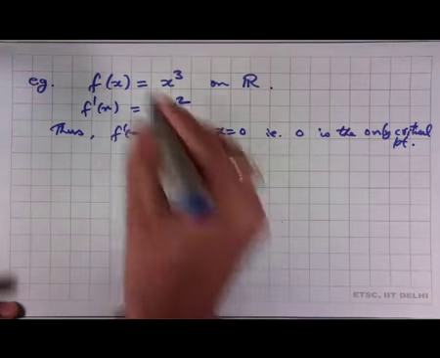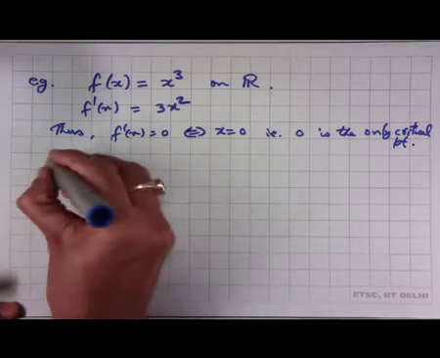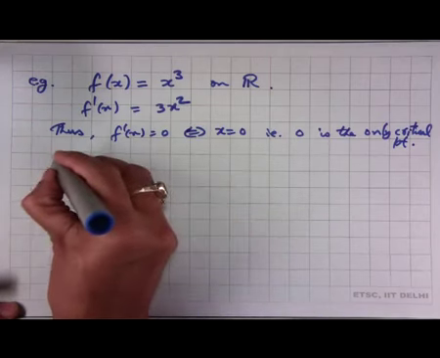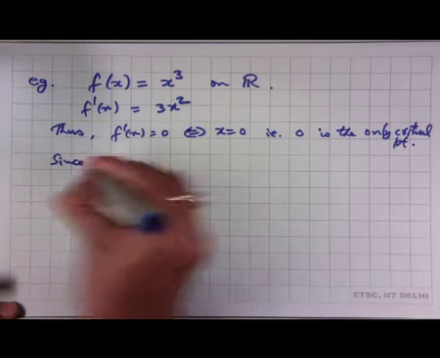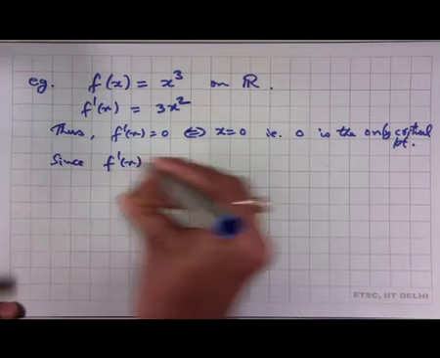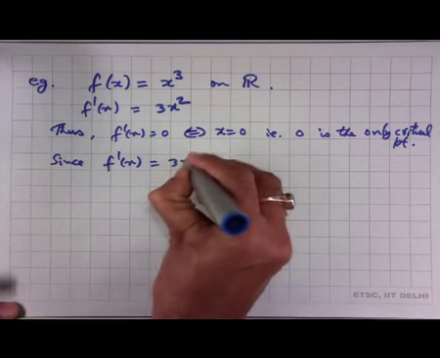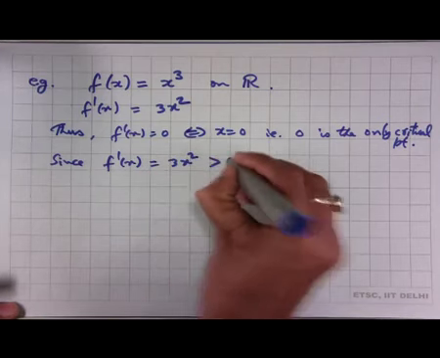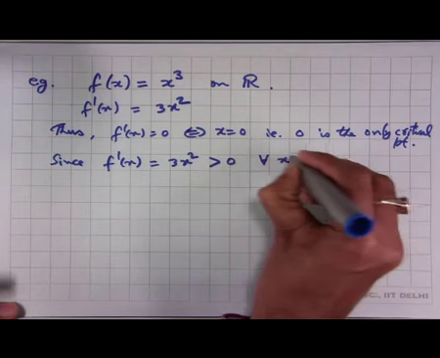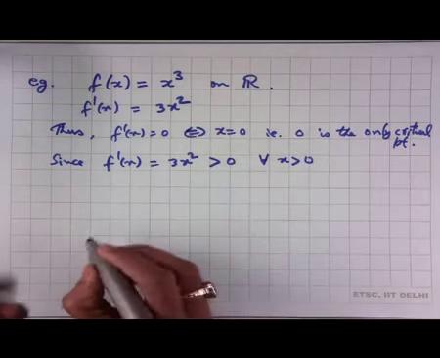So, if we see this function, since f'(x) is equal to 3x squared, this is positive for all x not equal to 0.